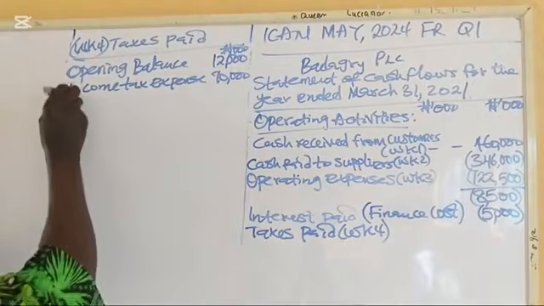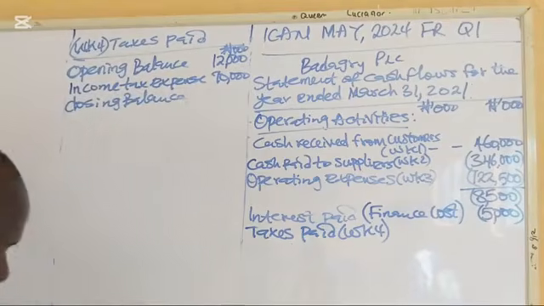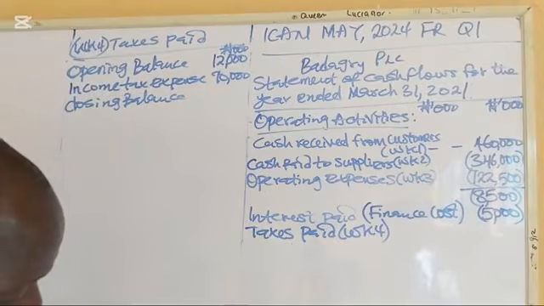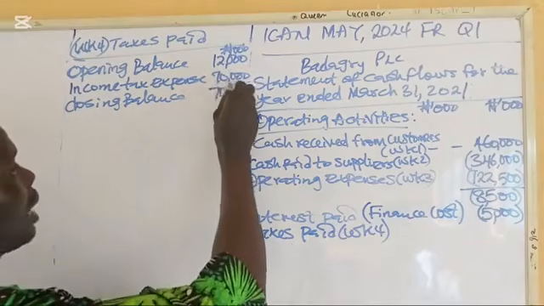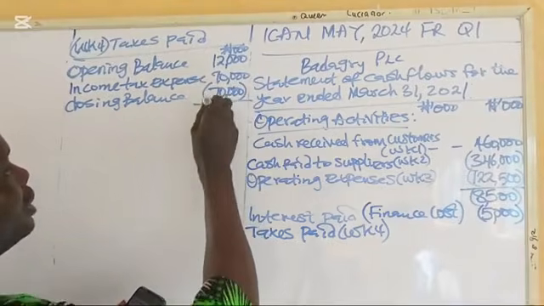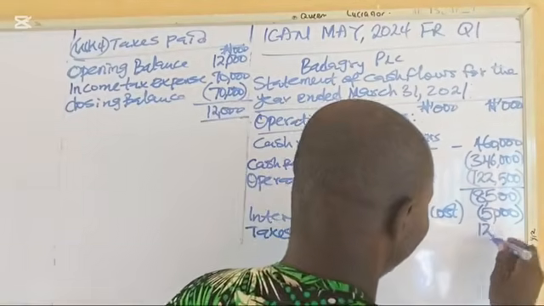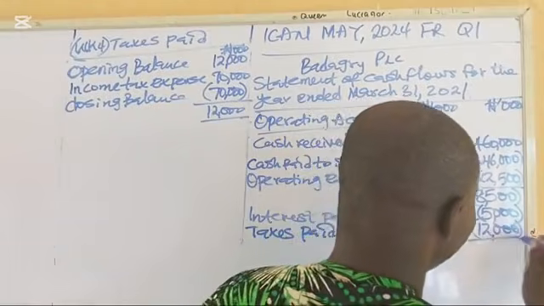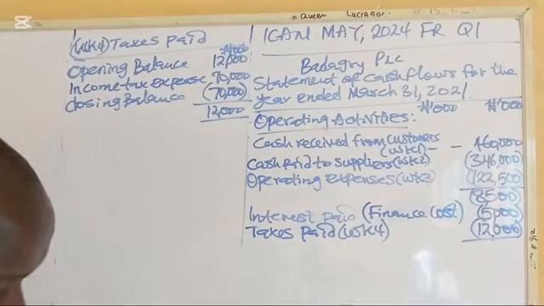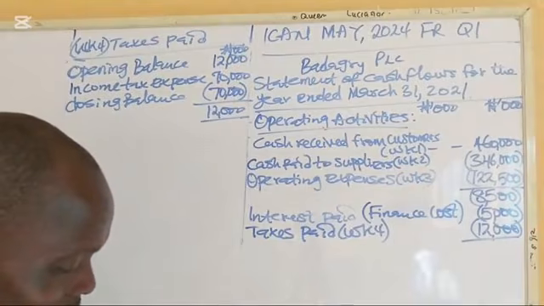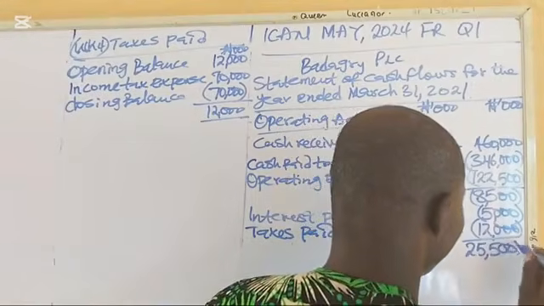Followed by closing balance. How much is the closing balance? 70,000. So the tax paid will be 12,000. After this, we now have net cash flows from operating activities. 25,500 negative, maybe.